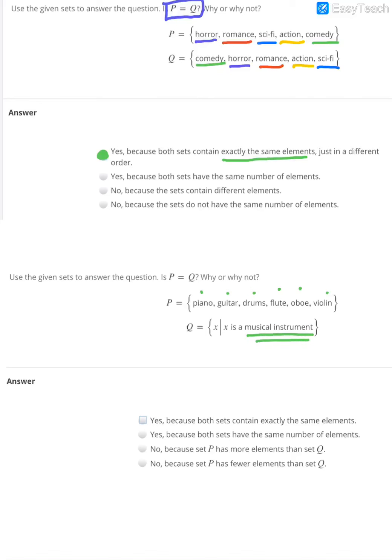So it not only would include the 6 listed in P, but it might include others like a saxophone or a trombone. So Q is going to have a lot more things than P, and therefore, they're not going to have exactly the same elements, so they cannot be equal. So we know it's no, and in this case, we're going to say no because P has fewer elements than your set Q, so they cannot be equal.